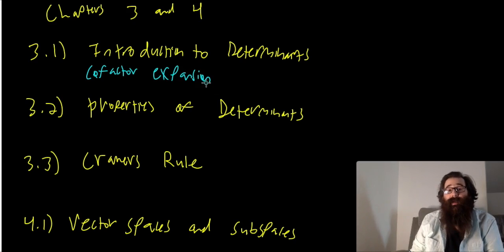We talked about how we can find determinants of 2x2 matrices, how we can use cofactor expansions to find determinants of larger square matrices. We talked about some special cases, things like triangular matrices, etc. A cool trick that we were able to use for finding determinants of 3x3 matrices, but that it only works for 3x3 matrices. So all of that really cool introductory stuff is in 3.1.